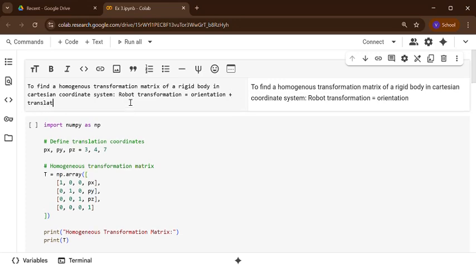So this is the transformation of any robot. This orientation is represented by a rotation matrix, and this translation is represented by a position vector.